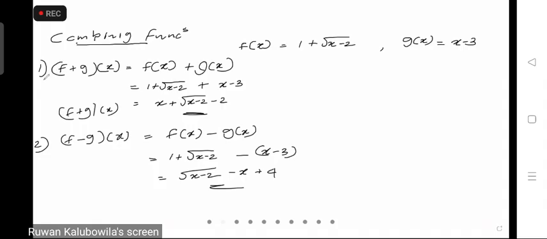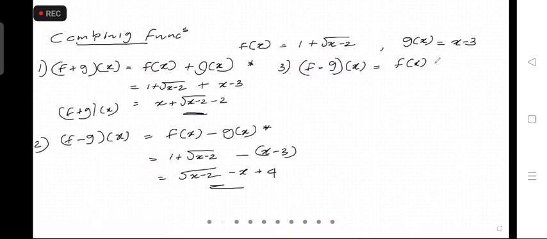First you make this one, then this one. After that, if you make the multiplication f dot g of x, it is no different. You can follow the same rule.